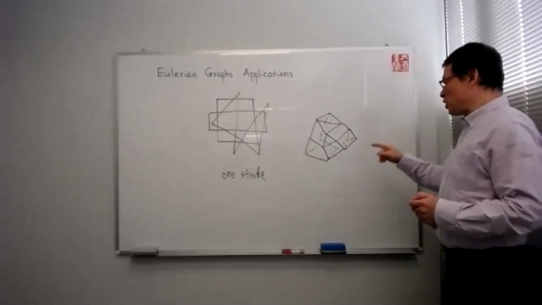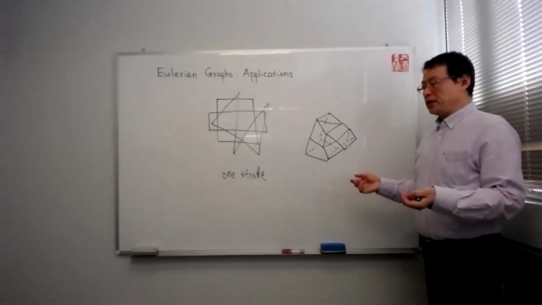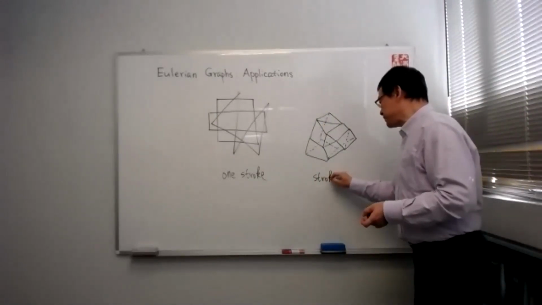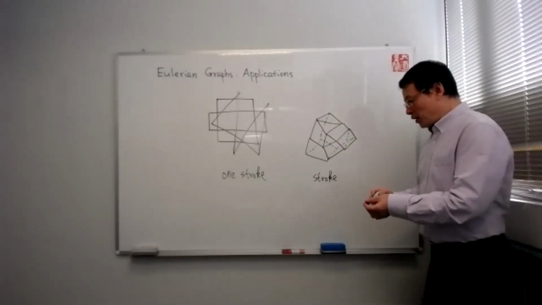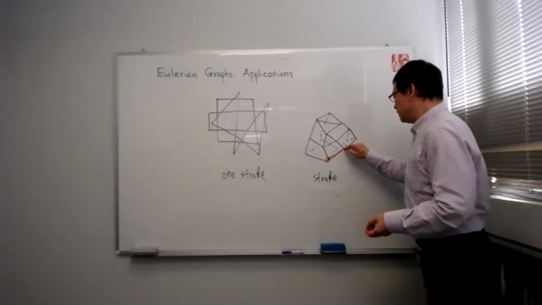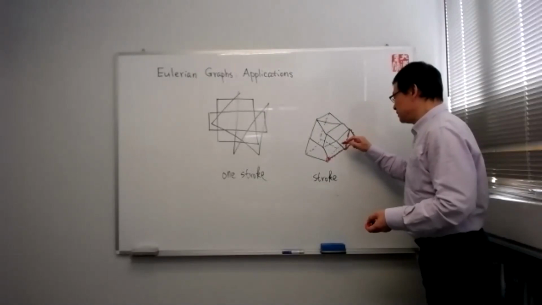Is it possible to travel along the edges of a polyhedron using 1 stroke? Again, it's a 1-stroke problem. Travel along the edges of the polyhedron, start at a point and come back. So we can walk around along edges, maybe go to the back and so on.